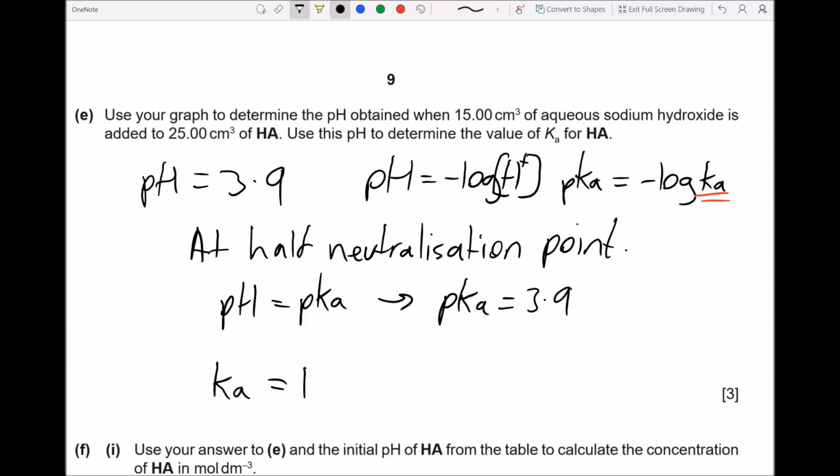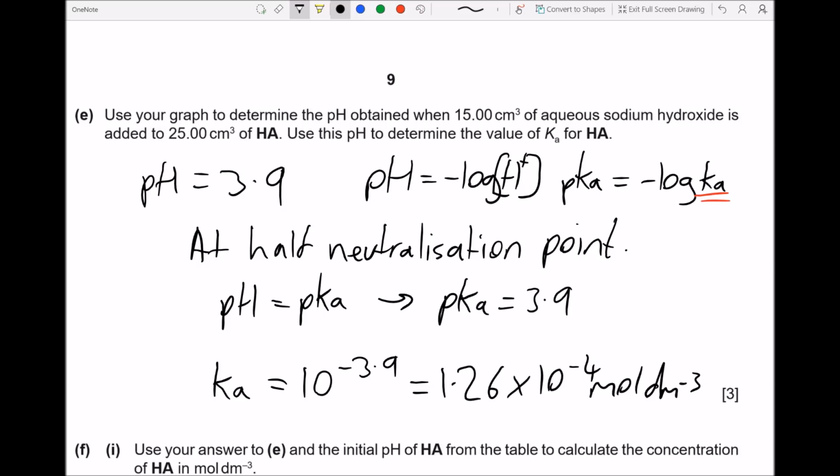So Ka equals 10 to the minus 3.9, that's what it should come out like on your calculator. Then we should get our answer to be 1.26 times 10 to the minus 4, and this is in moles per decimeter cubed.